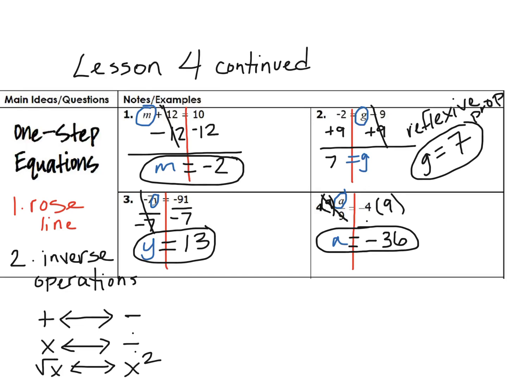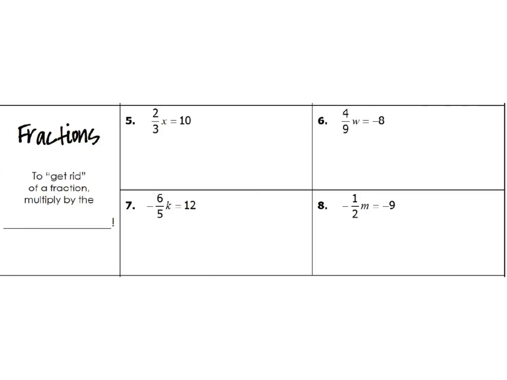Hopefully we all remember one-step equations fairly well, but let's step it up. So we're going to add fractions to the mix. All right? When we have one-step equations that have fractions, we want to get rid of the fraction by multiplying both sides of the equation by the reciprocal.